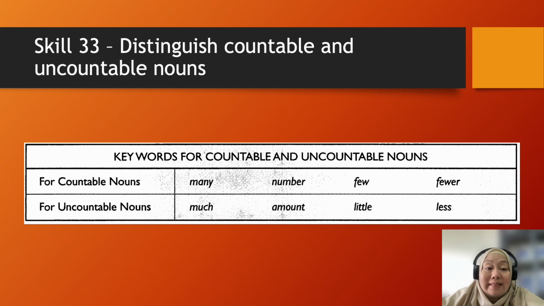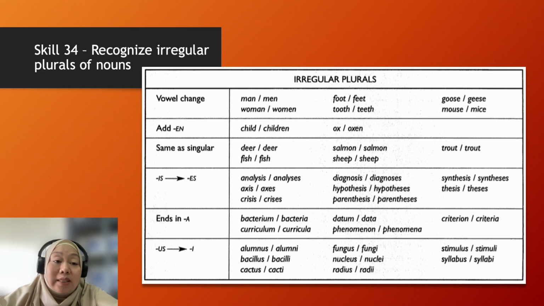And now let's take a look at the next one, which is recognizing irregular plurals of nouns. Many nouns in English are irregular plurals, and these irregular forms can cause confusion in written expression questions on the TOEFL test.